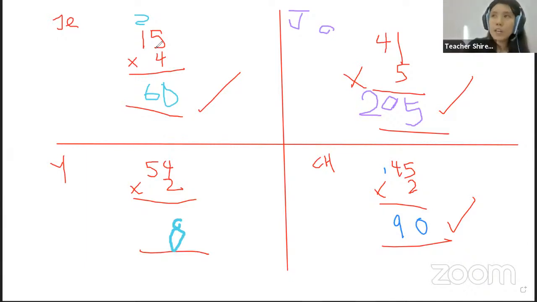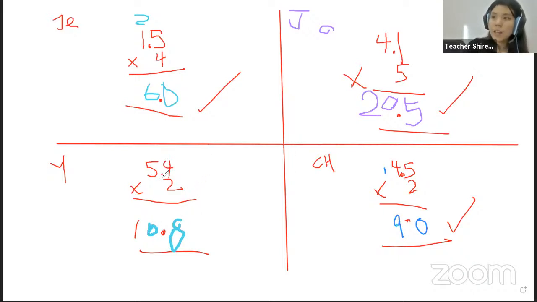So today what we learn is that basically it's just a decimal. When it's a decimal, let's say 1.5 times 4, here is one decimal, so the answer also has one decimal. 5 times 4 is 20, so you just write 0 and carry the 2.